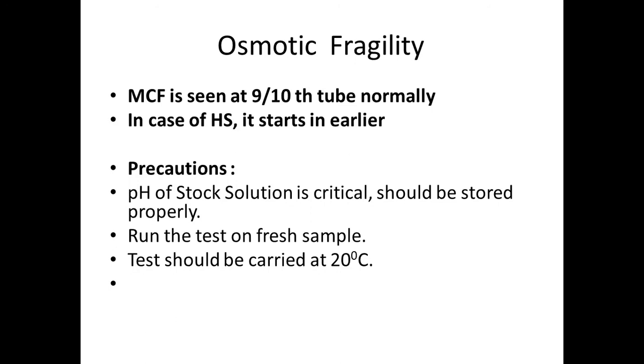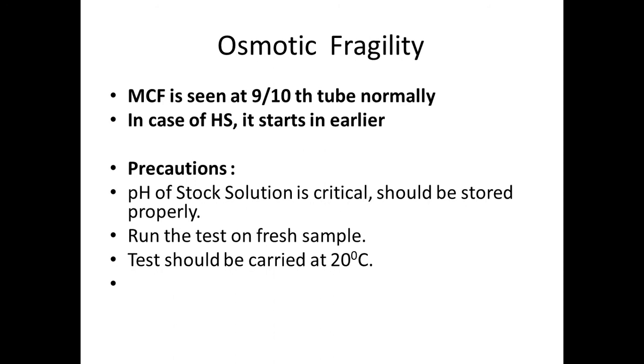So, normally hemolysis starts at the 7th or 8th tube, and the median is counted at the 9th or 10th tube. While in hereditary spherocytosis, the hemolysis starts in the 4th or 5th tube and the median is seen in the 7th or 8th tube. So fragility is increased.